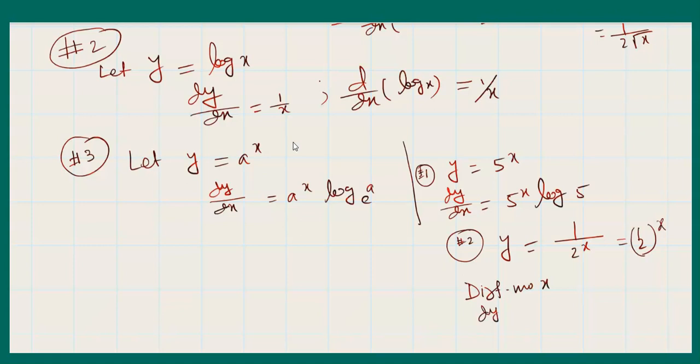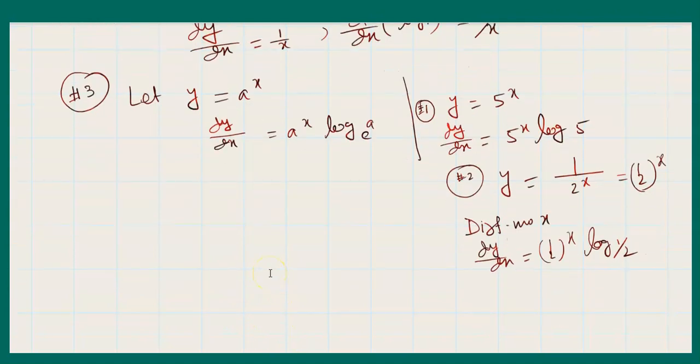Now differentiating with respect to x. dy by dx will be equal to, a is half only, so half to the power x log half. This is derivative of y with respect to x. You can simplify it as 1 by 2 to the power x log half. It's up to you whether you will simplify or not.